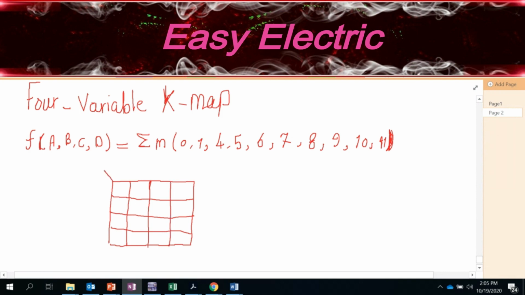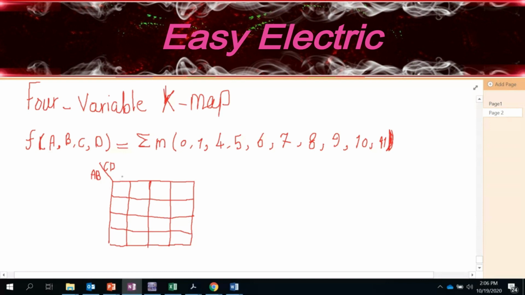Here, similar with the others, the 2 variables with the highest value come to one side, which is here. Usually we put A and B. If it is x, y and z, here should be xy. And the other side is CD. Or again, if you have xy, zw, this side should be zw instead of CD.